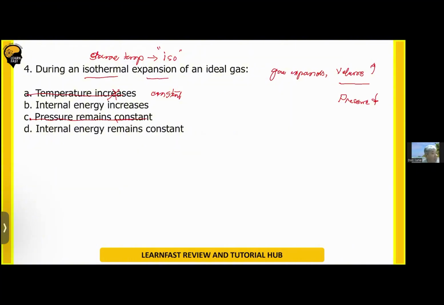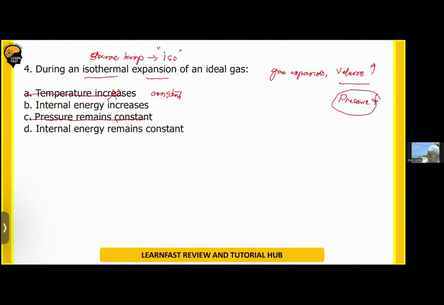So what do you think would be your answer here? Would the internal energy increase or would the internal energy remain constant? Internal energy increase will be false, right? Because during expansion, pressure usually decreases.